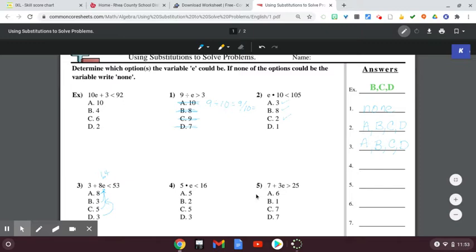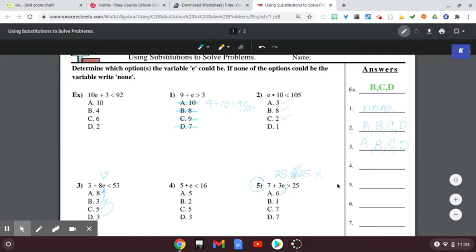I'm going to do one more with you, which is actually number 5. So we've got 7 plus 3e greater than 25. So if I substitute 6 into here, this is 3 times 6, which is 18. 18 plus 7 is 25. So now we have to ask ourselves, is 25 greater than 25? Well, it's not. If we had this little bar underneath it, then yes, that would be true.